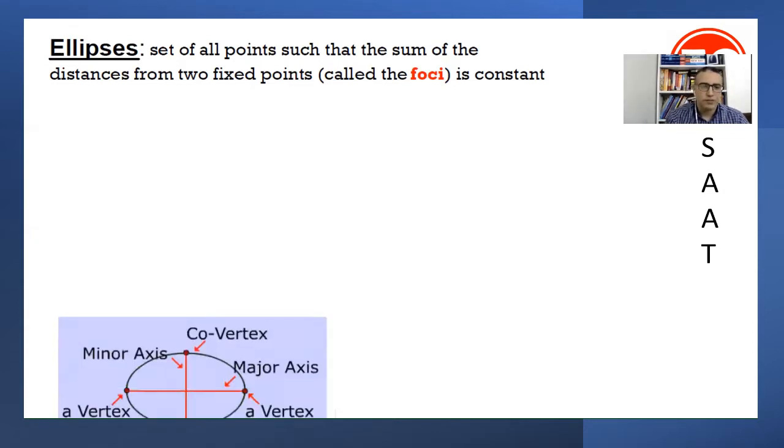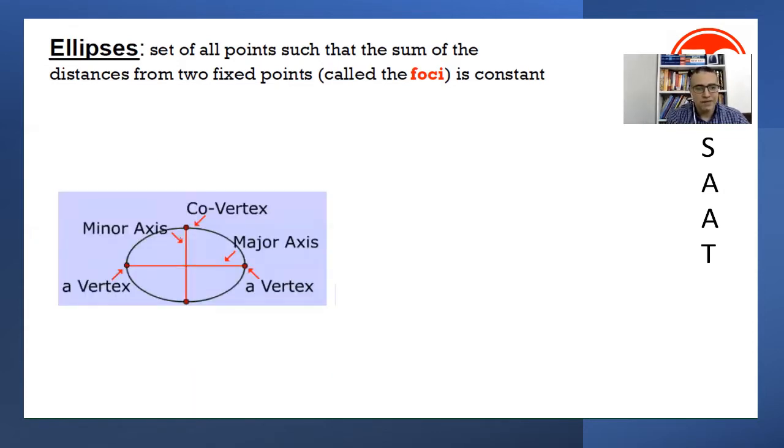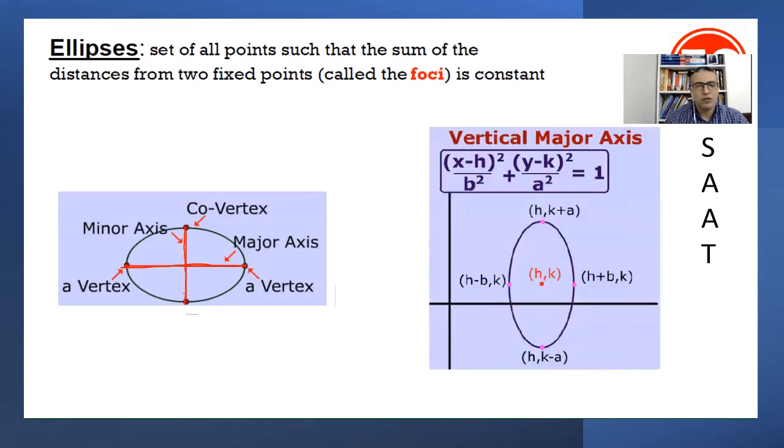Okay, so here is a graph for an ellipse, and as we notice, we have a long or major axis, its length is greater than the minor axis, and this axis could be horizontal, so the long side could be horizontal, or the long side could be vertical.